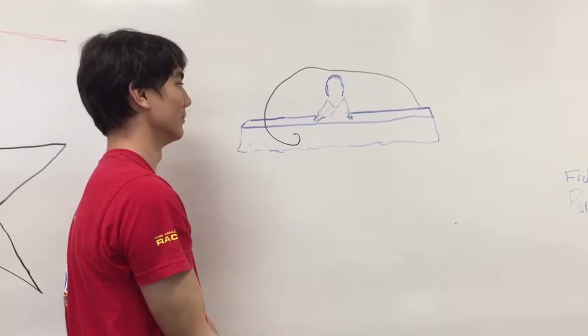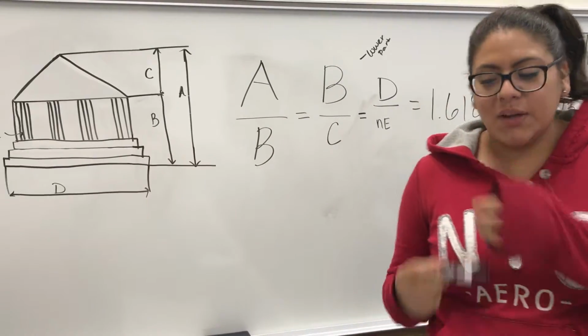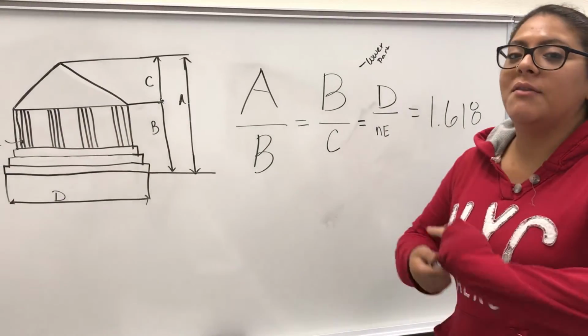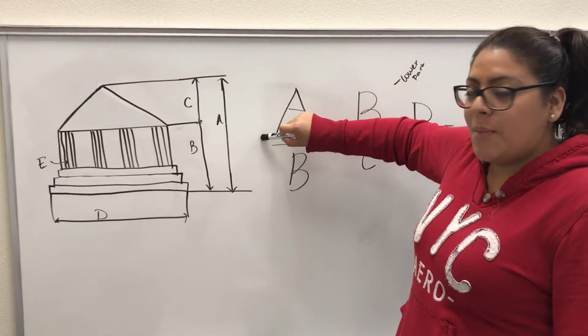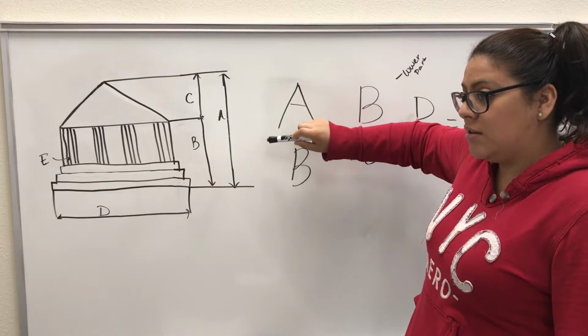painting. And Phidias was a Greek sculptor and a mathematician that applied phi to the design of sculptures of the Parthenon.